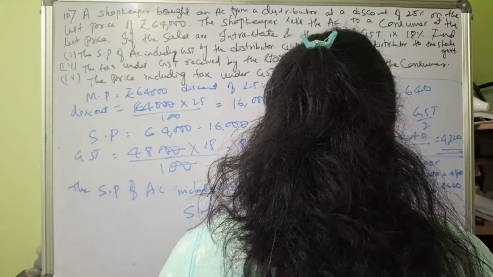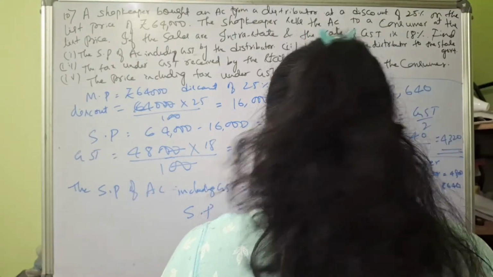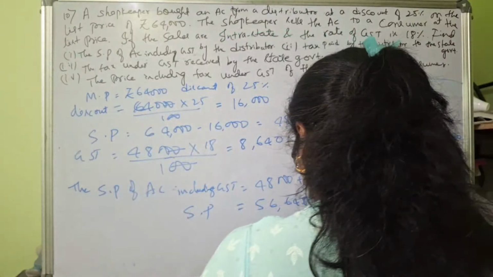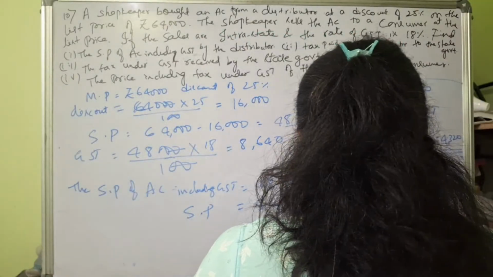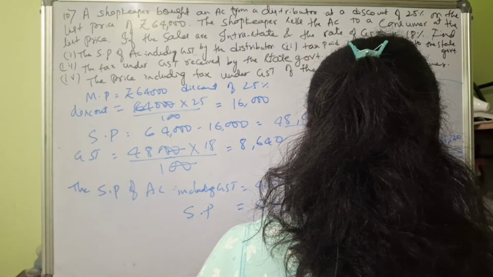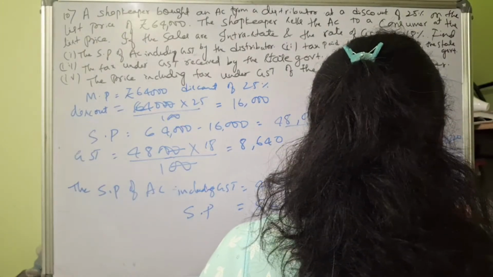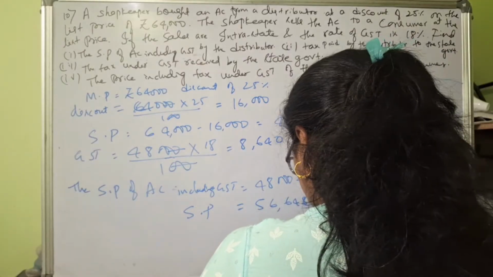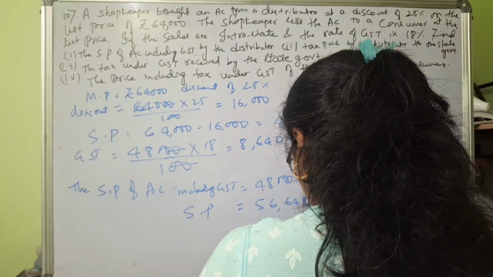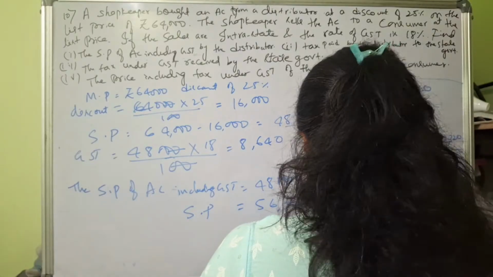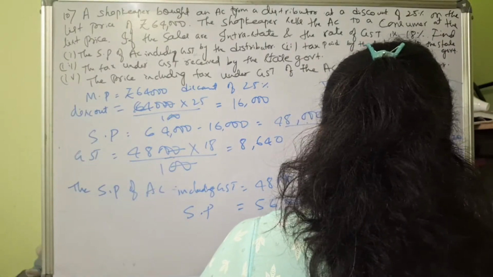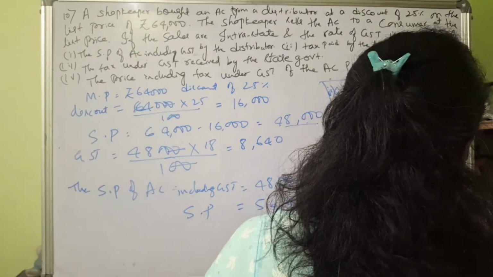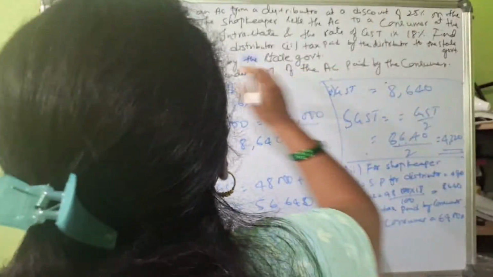So output tax is equal to tax paid by consumer, and cost price for consumer is equal to 64,000, which is already given in the question.